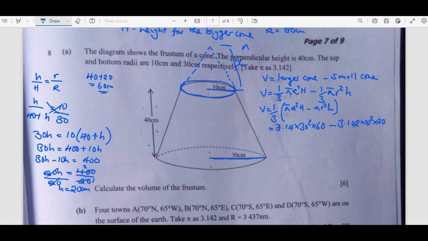Then we can work out using our calculator.